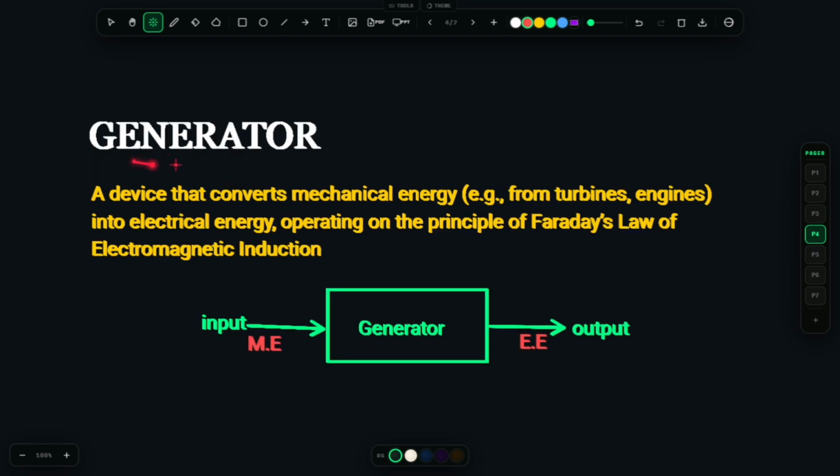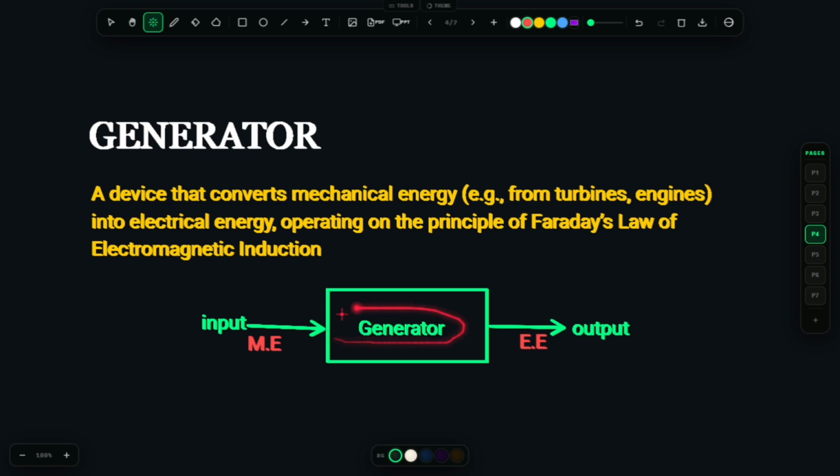The next slide is all about generator. It is basically an electromechanical device which converts mechanical energy, also called turbine or engine energy, into electrical energy. It operates on the principle of Faraday's law of electromagnetic induction. All the machines work on Faraday's law of electromagnetic induction. So what is generator?